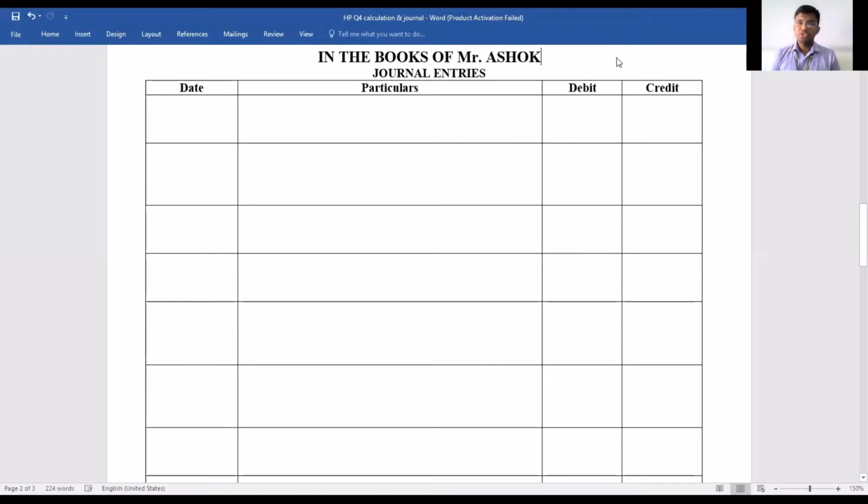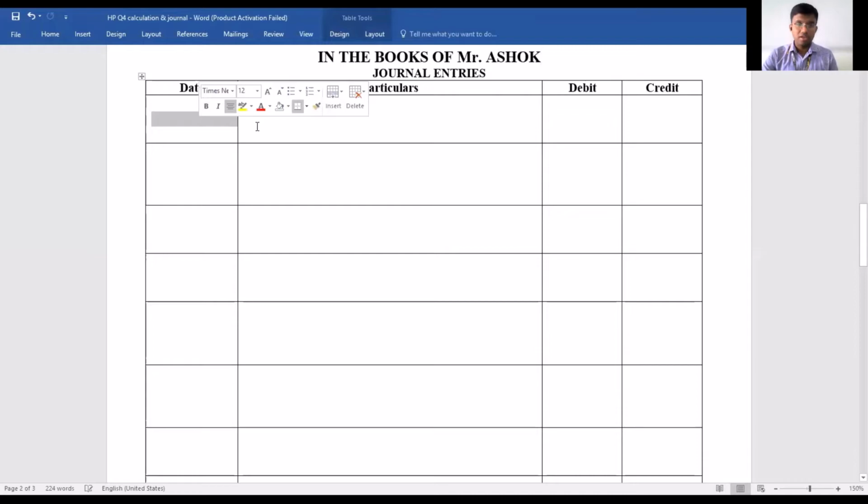Now we are going to be passing the journal entries for this particular transaction. I've got the journal entry format over here, and the date on which we will be passing the very first entry will be 1st of Jan 2016. So what is happening on 1st of Jan 2016? You're making the down payment. So since you're making the down payment, machine account is debited, amount is 20,000.